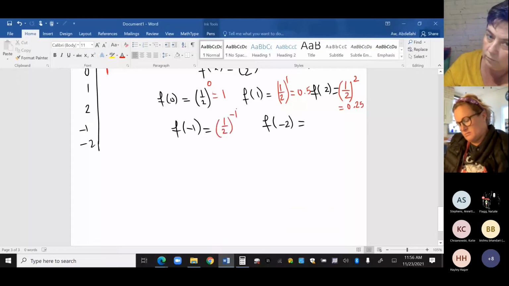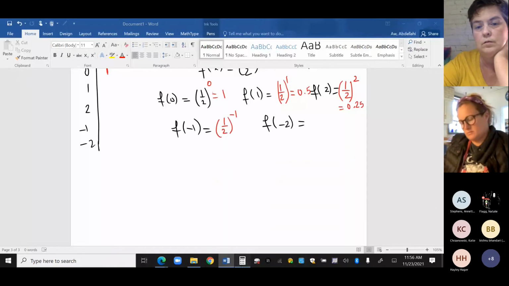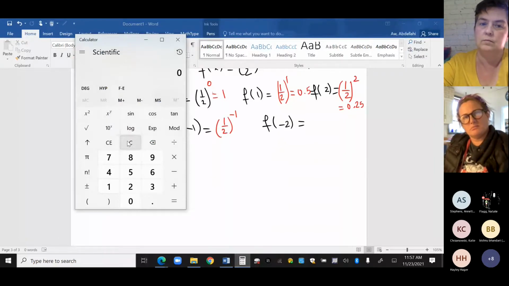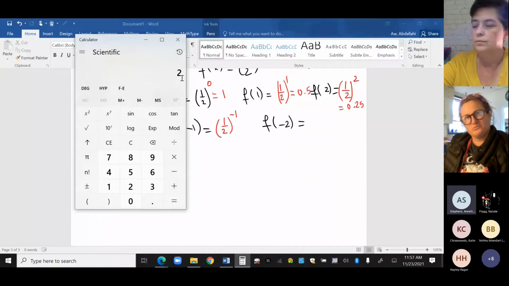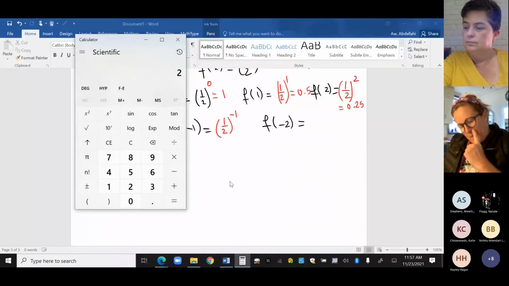Again, you can use a calculator. 1/2 is 0.5, right? 0.5 raised to the -1 power. That is 2. If you are allowed to use a calculator, please use it, okay?